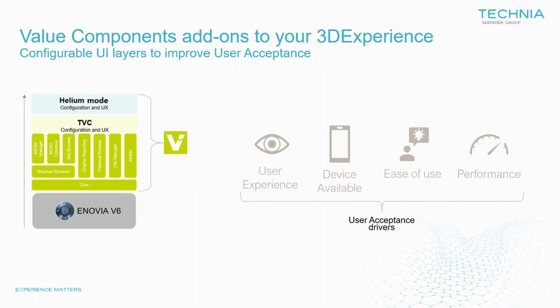Some of the reasons why we in the TECHNIA software team are making these value components is to increase and improve user acceptance rates. So how happy are the end users in the system?